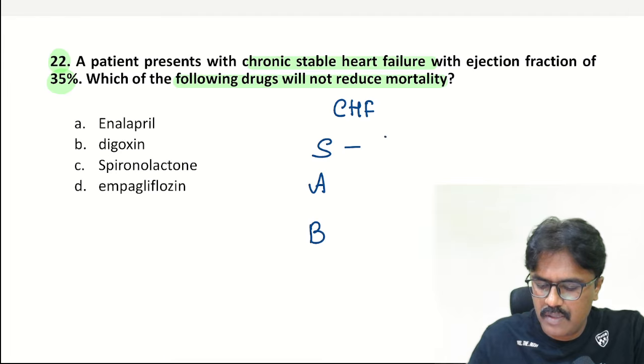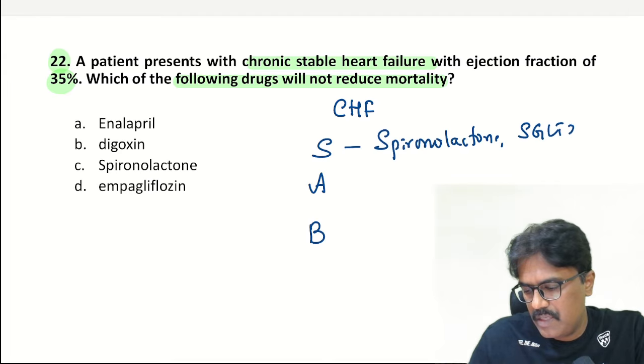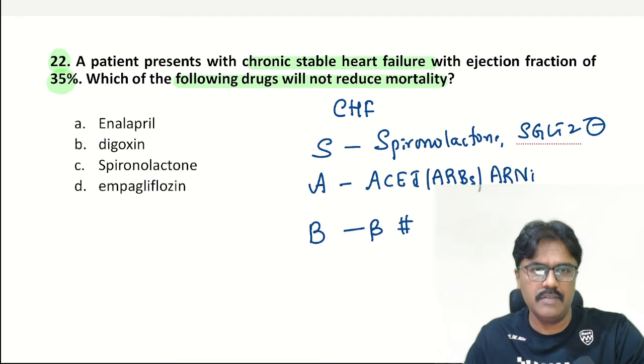S for spironolactone, and recently SGLT2 inhibitors. A for ACE inhibitors, ARBs, and ARNI. And B for beta blocker. So these drugs reduce mortality in CHF.